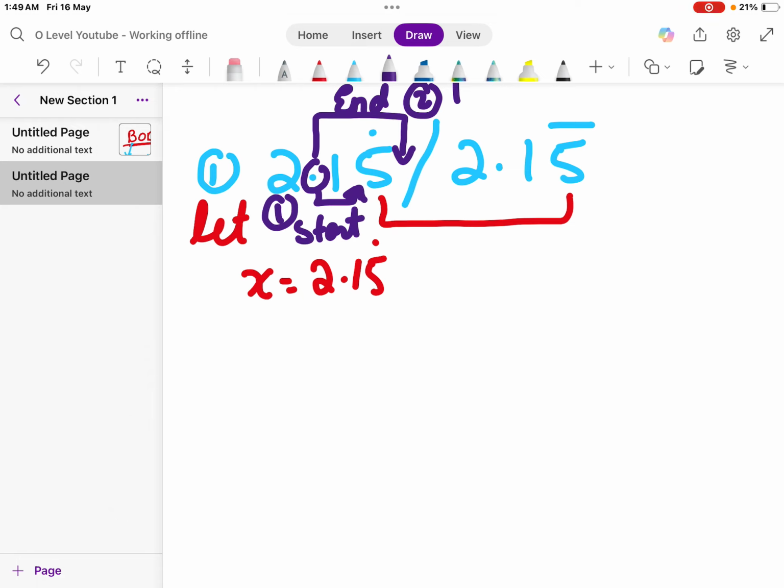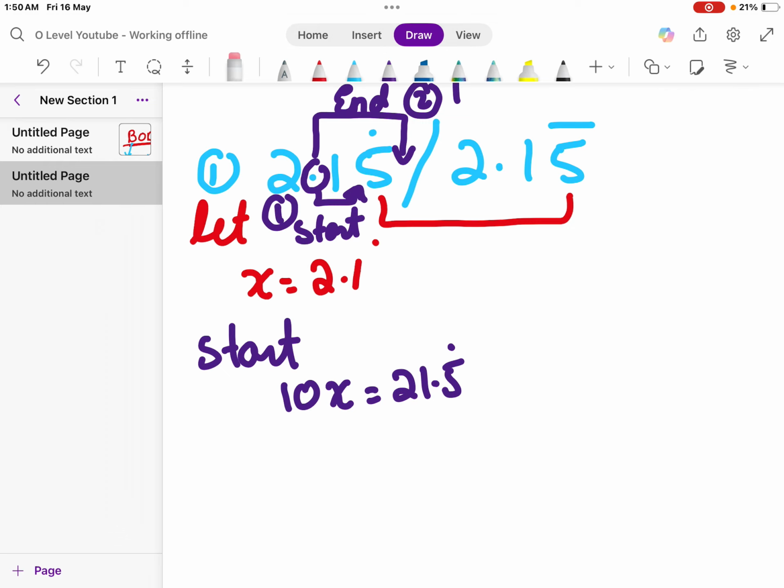Now at the start, after one digit the recurring number starts, so what you need to do is multiply this equation by 10. It will become 10x, and this will become 21.5. We know that the dot on the 5 means it's recurring, so I can write it like this as well, 5 5 5 and so on.